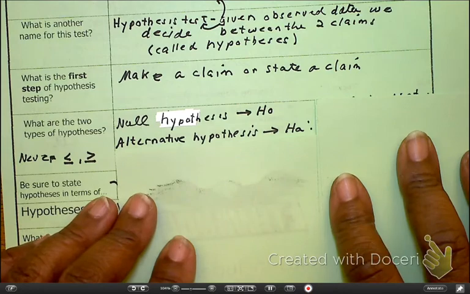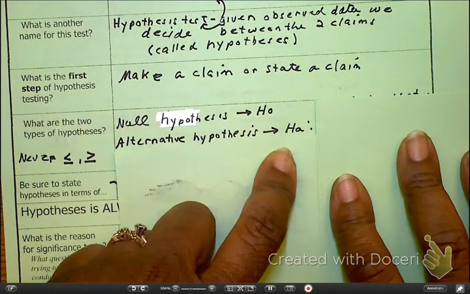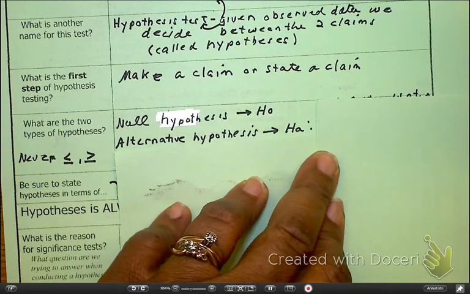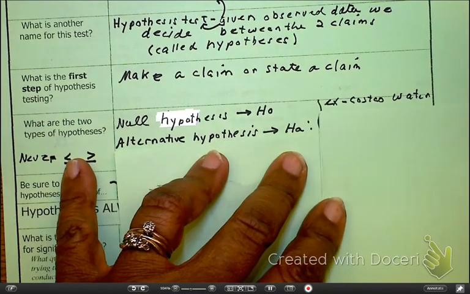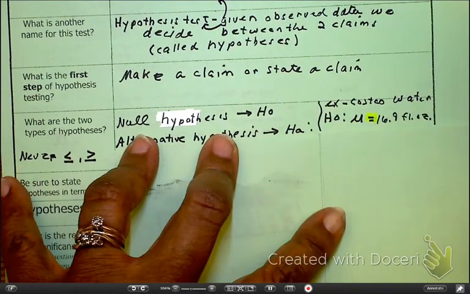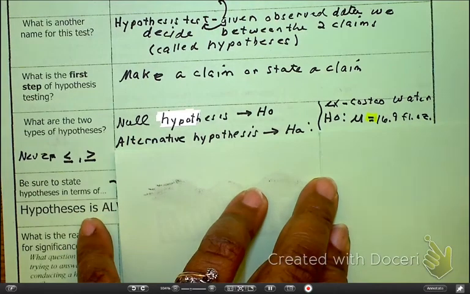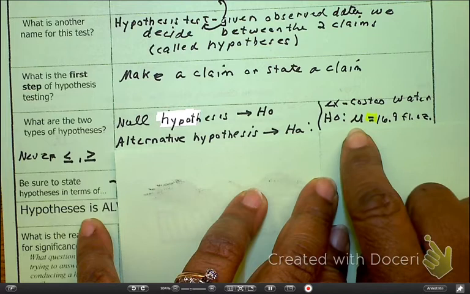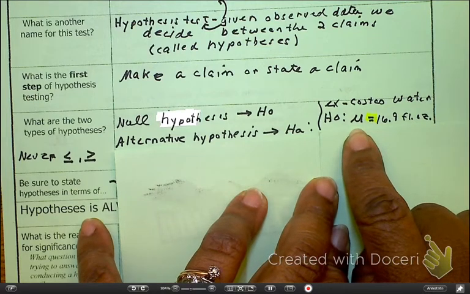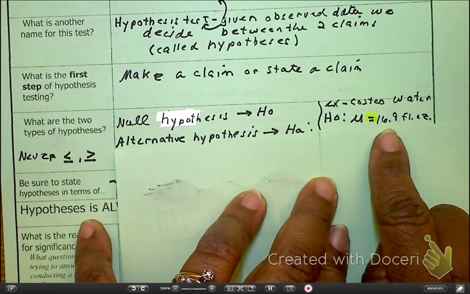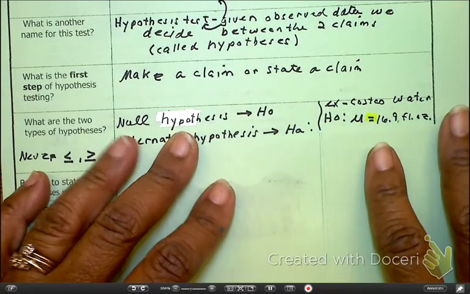The alternative hypothesis is HA. As I use the example of the Costco bottled water, the H0 is the manufacturer's claim. The manufacturer, which I'm referring to as the population, is saying that their bottled water is 16.9 fluid ounces. Well, I'm saying, I don't believe you.